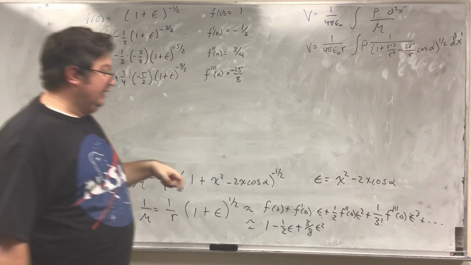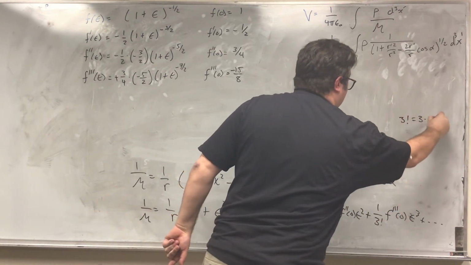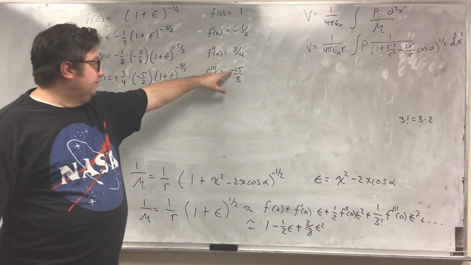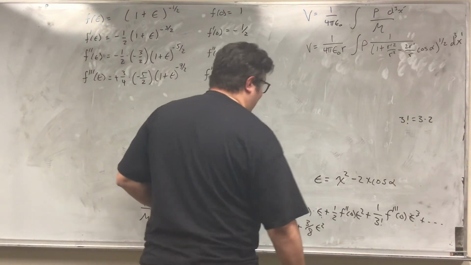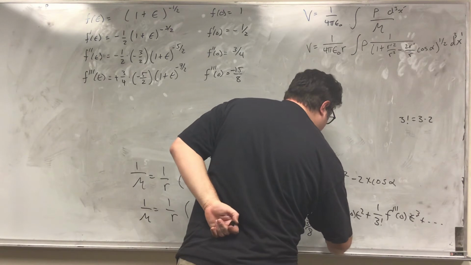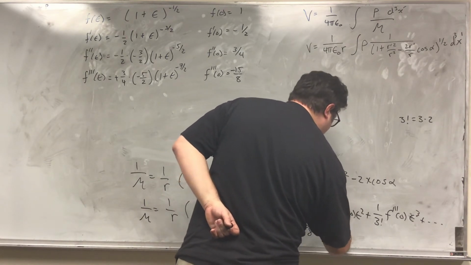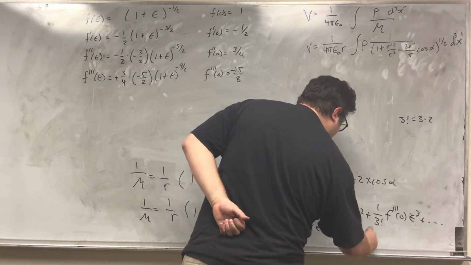Now this is a little tricky. 3 factorial is 3 times 2, so that's going to be 6 over 15/8. Let's see, that's going to be minus 5/16 epsilon cubed plus dot dot dot.